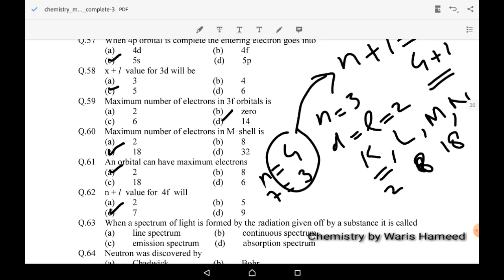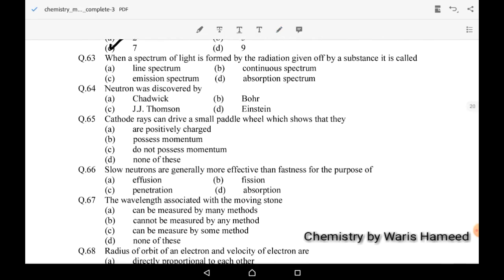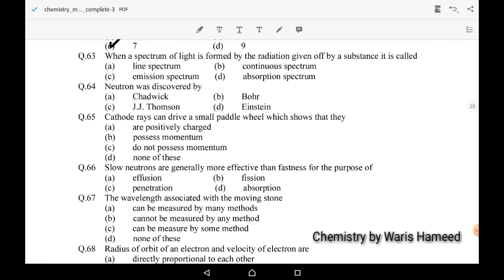Next MCQs. When a spectrum of light is formed by the radiation given off by a substance, it is atomic emission spectrum. Neutron was discovered by James Chadwick.